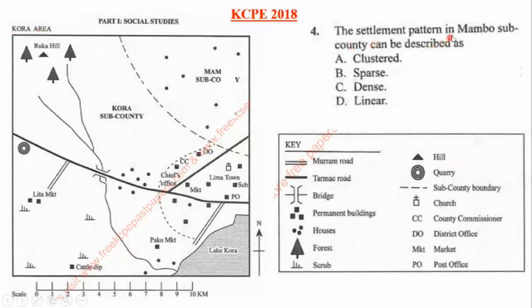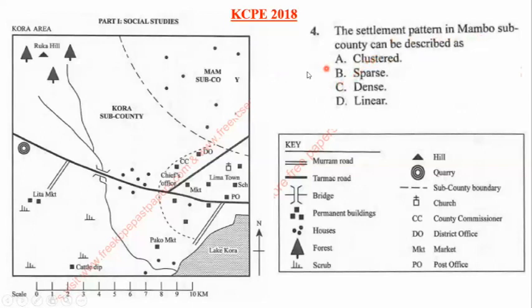The settlement pattern in Mambo sub-county can be described as... you look at the sub-county boundary. The sub-county here is this one, Mambo sub-county. So what is the settlement pattern in Mambo sub-county?